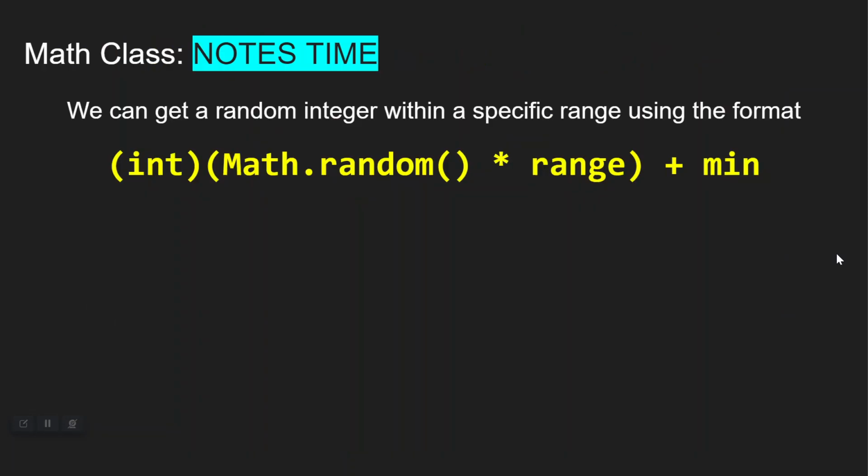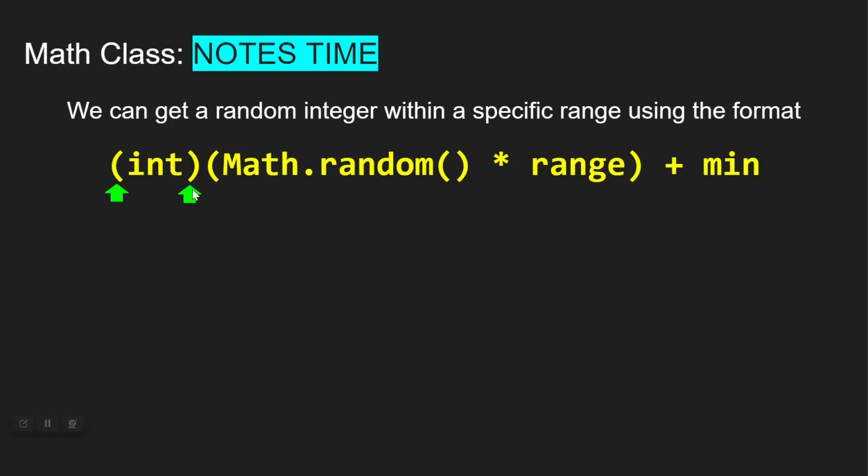However, sometimes we need to get a random number. We need a random integer. And in order to get a random integer from math.random, we have a little bit more of an equation that we have to follow here. What we need is, surrounded by parentheses, we need an int, or we need to cast all of this to an int, all right?